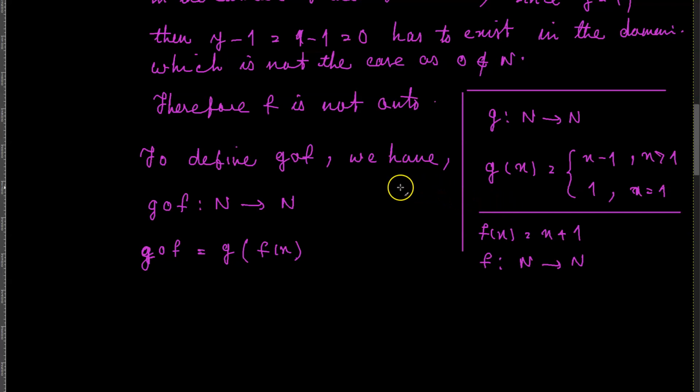So when x is equal to 1, then g of x is equal to 1, which means that it does take care of the problem of 1 for us.